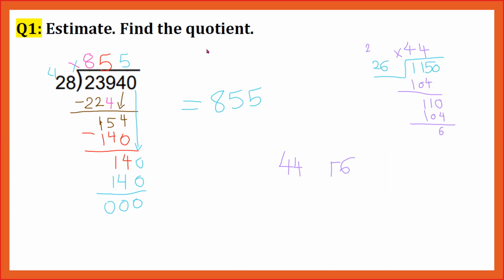Or in another way, you can write 44 and then the remainder as a fraction. The remainder is 6, and I need a denominator, which is 26. Since I can simplify it, divide by 2: 3 over 13. So the answer is 44 with a remainder of 3 over 13. Got it?